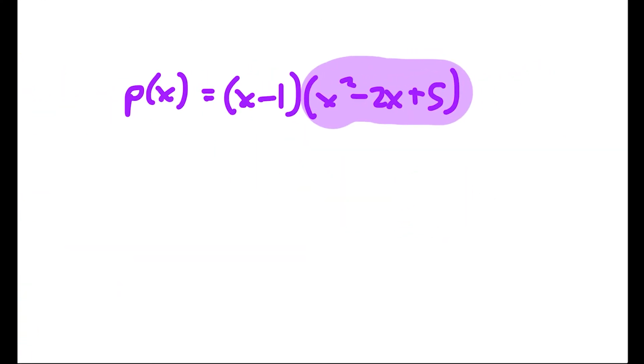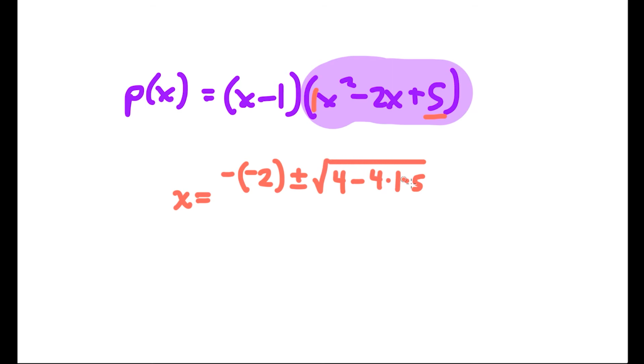So what I'm going to do is factor this really quick, and I'm going to use the quadratic formula to factor it. So it's going to be x is equal to negative b, which is negative negative 2, plus or minus the square root of b squared, which is 4, minus 4ac, so it's going to be minus 4 times 1 times 5. So there's a 1 here, here's the 5.